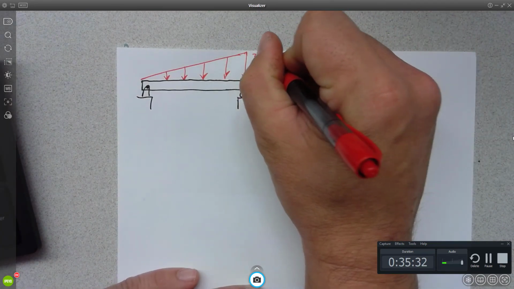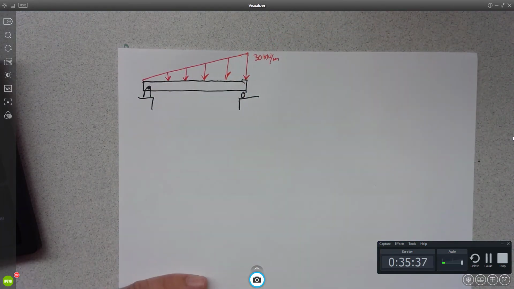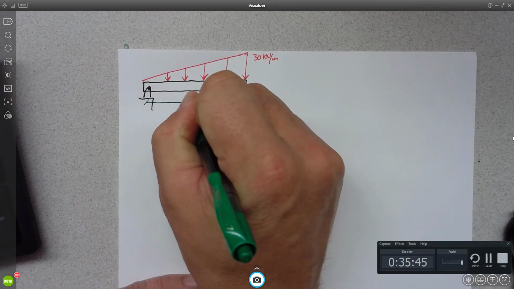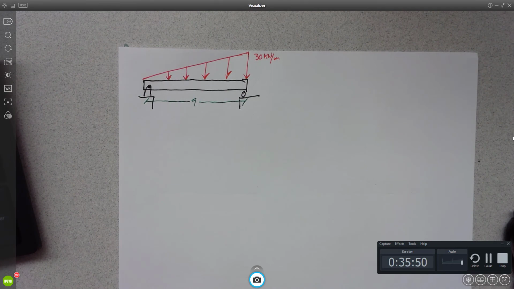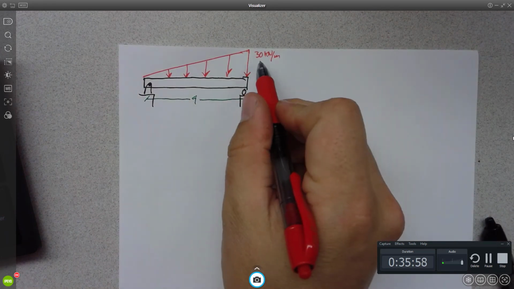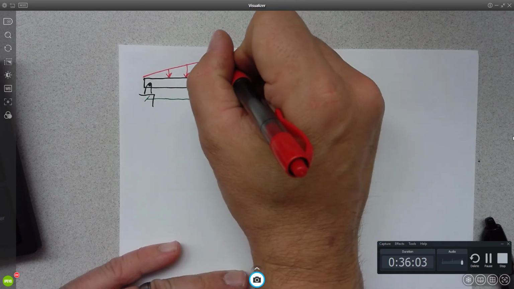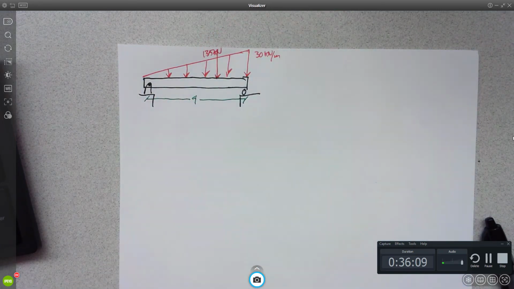All right, so we're going to say that there is a 30 kilonewton per meter triangular distributed load on this, okay? And I'm going to say that this is 9 meters long, all right? So we know that there's 9 times 30 is 270 divided by 2 would be 135 kilonewtons acting right there, right?